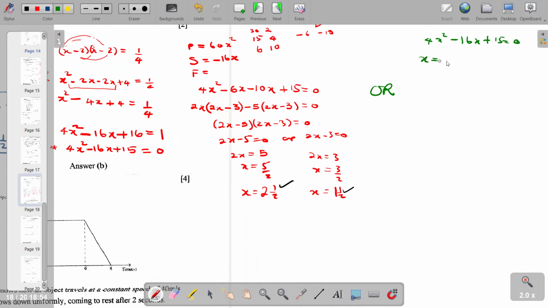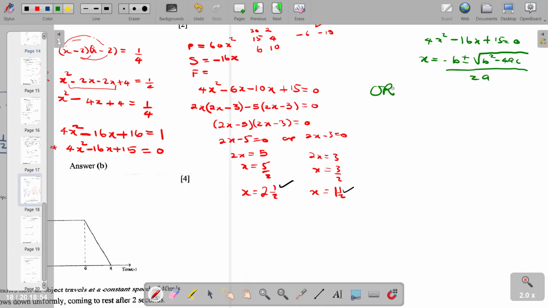You have to go to the quadratic formula: x is equal to minus b plus or minus the square root of b squared minus 4ac all over 2a.